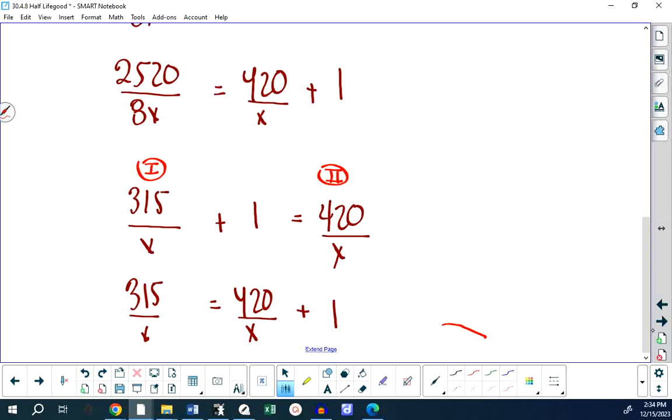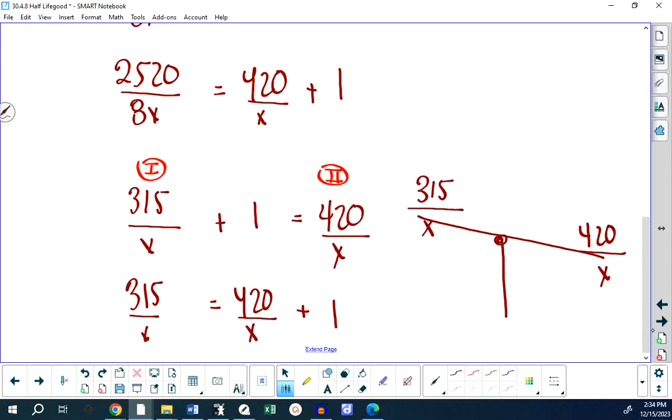But my right hand, which is on your left, represents the 315 over x, which is less. Which means this is tipped this way to the side where there's 420 over x. What I'm saying is, just in case you're watching on video, that if I had a balance scale, it would look like this. Because 420 over x is bigger.